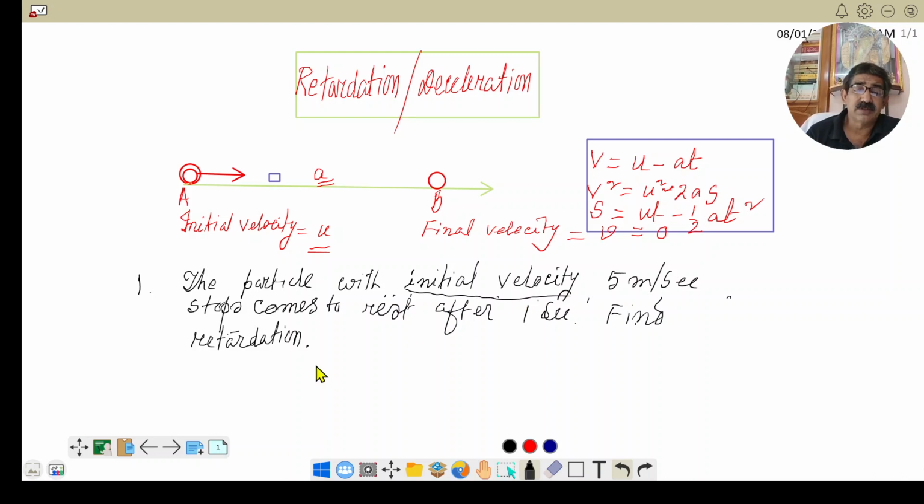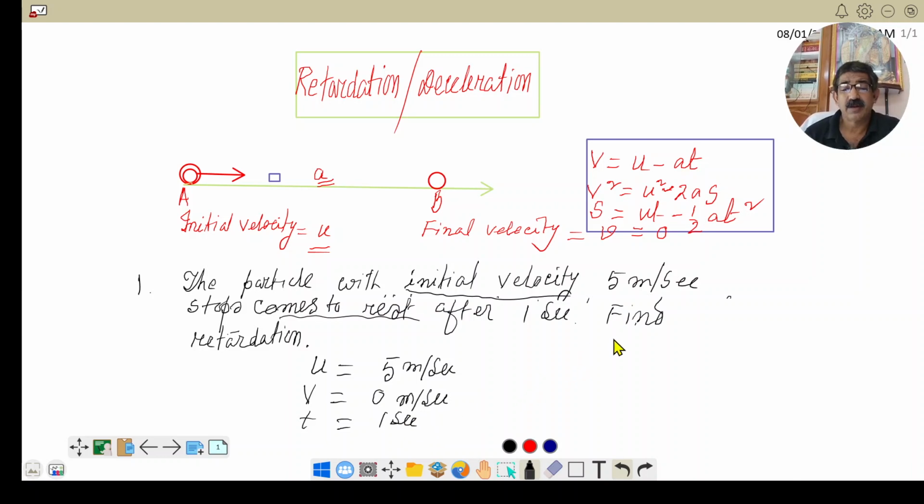Initial velocity means u is equal to 5 meter per second. Comes to rest means the final velocity v is equal to 0 meter per second. Time taken t is equal to 1 second. And retardation should be calculated. The unknown quantity should be written like this. What is A?